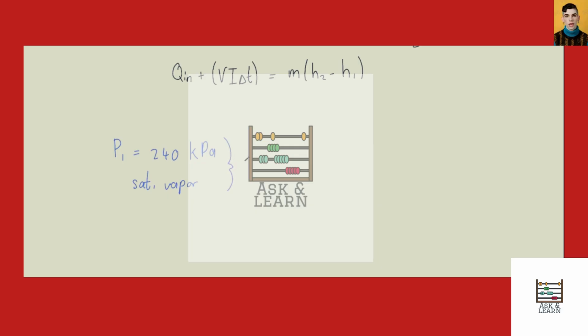And so the enthalpy of state 1, h1, is equal to the enthalpy of a saturated vapor, hg, at 240 kilopascals. And so from our tables, this is 247.32 kilojoules per kg.